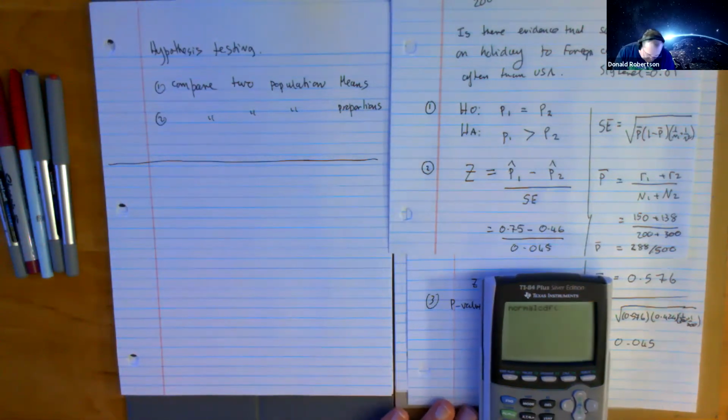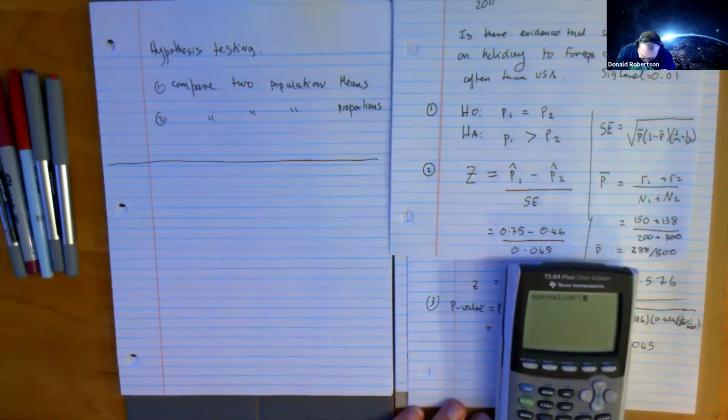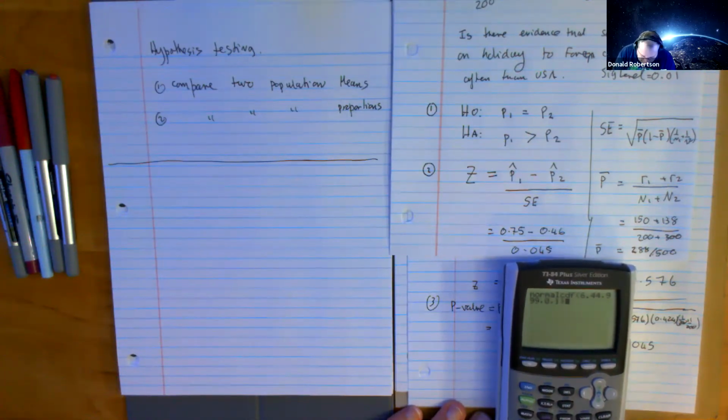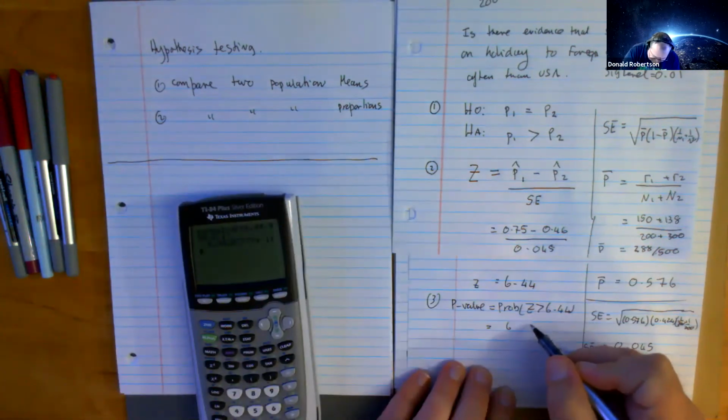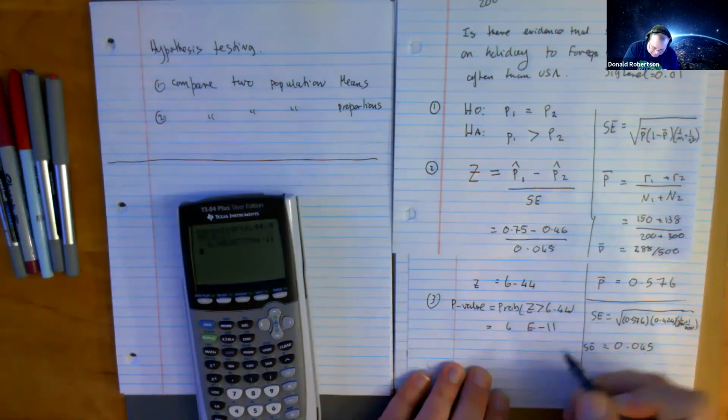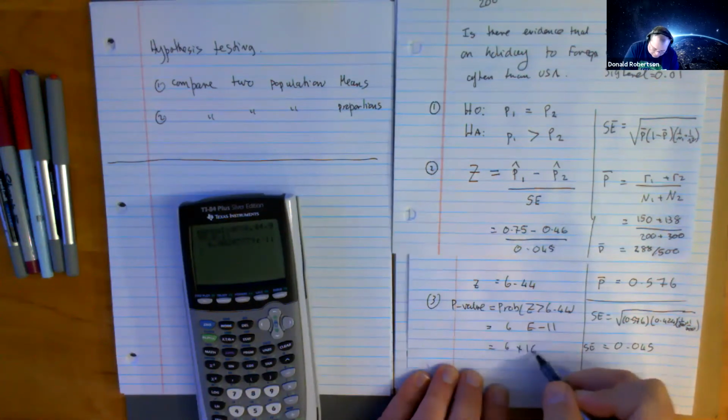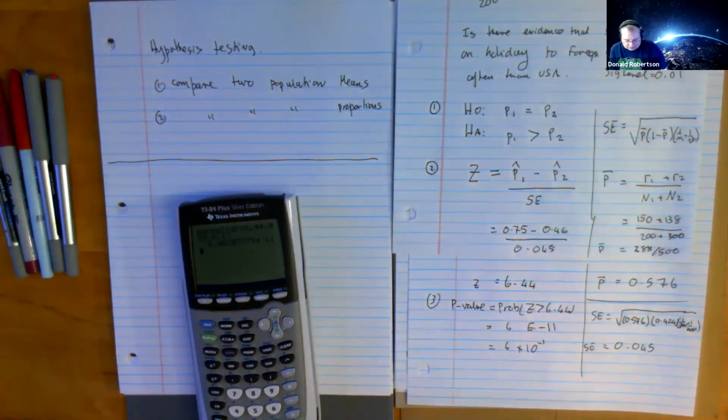And since I'm looking for bigger than 6.44, I'll do 6.44, comma 999, comma 0, comma 1. And the answer I get is one of those ridiculous E guys, roughly that, which I'm not going to write down with zeros. Can you imagine how many zeros that would look like?